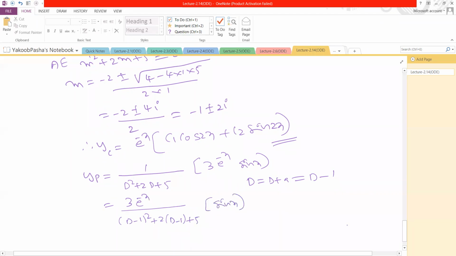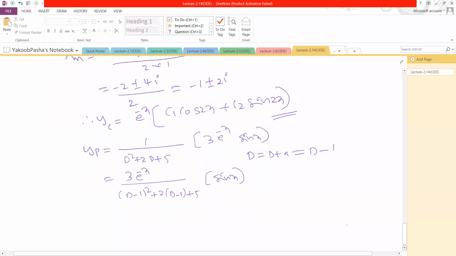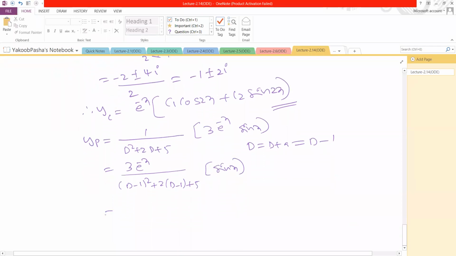We can write this as 3e^(-x) divided by, using the (a - b)² formula, D² - 2D + 1 + 2D - 2 + 5, acting on sin x.